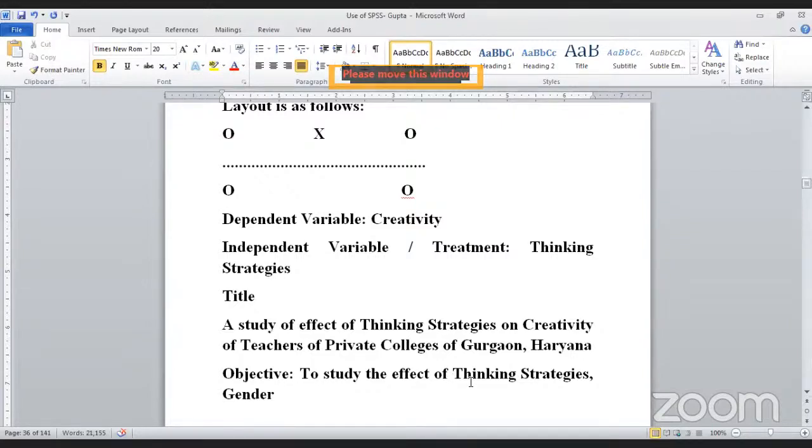So one discontinuous variable is thinking strategies, another discontinuous variable is gender.